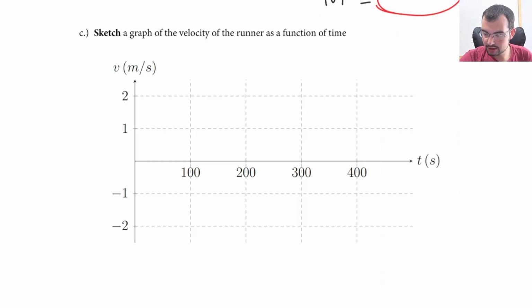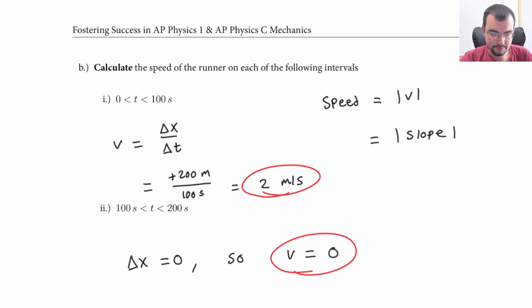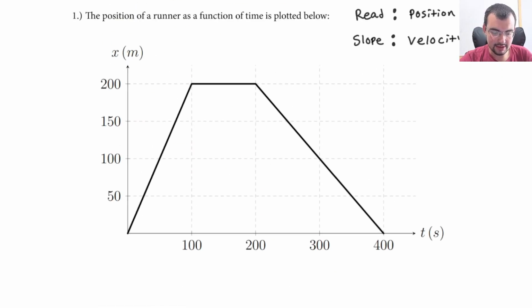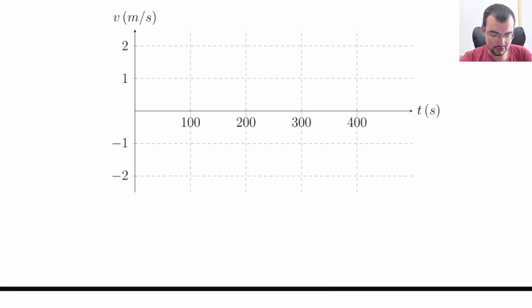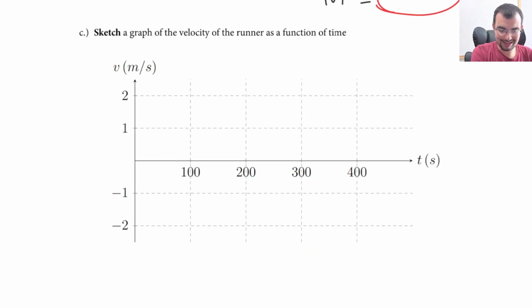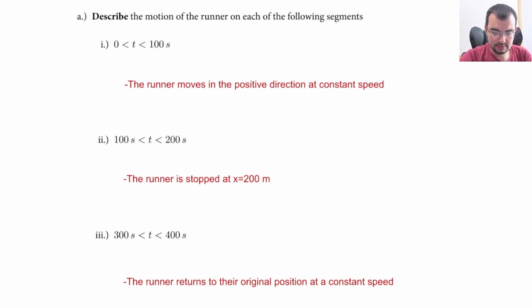So now let's sketch a graph of their velocity as a function of time. Notice that since it's linear, this is a constant velocity on the whole segment. So everywhere from 0 to 100, their velocity is constantly at 2. Then they stop, right?